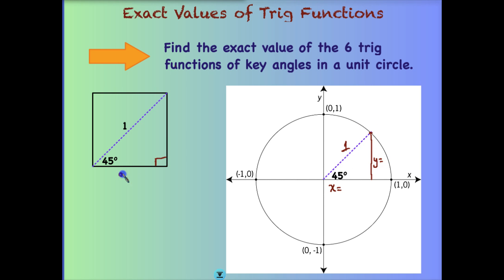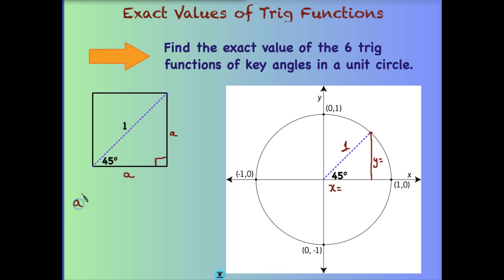We can apply the Pythagorean theorem. Say the distance x here is not a squared yet, it is just a. If this distance is some value a, then because it's a square, this value has to be a as well.